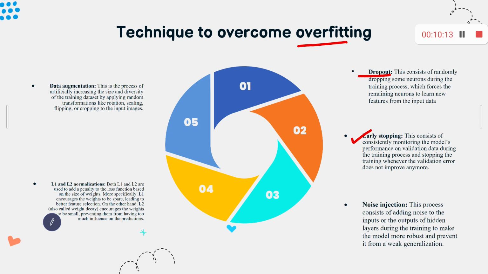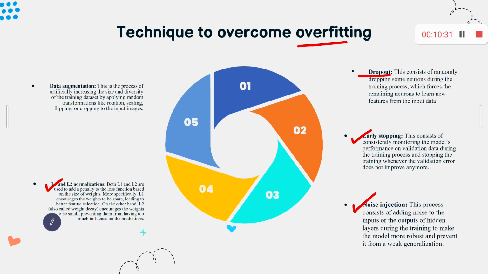Or you can add noise injection in hidden layers so that it becomes more robust, or apply L1 L2 regularization, which applies a penalty depending upon the weights.